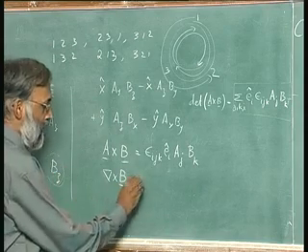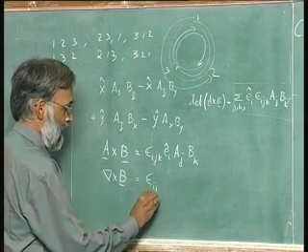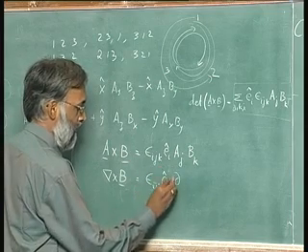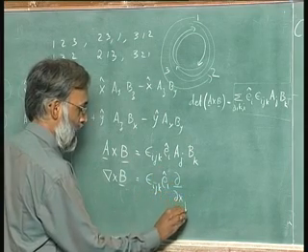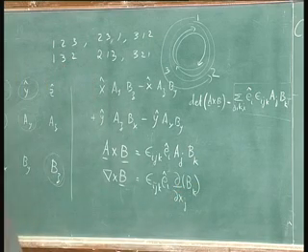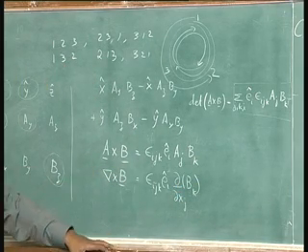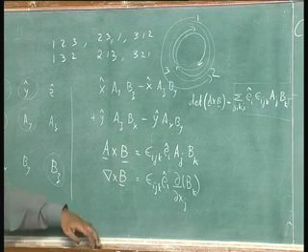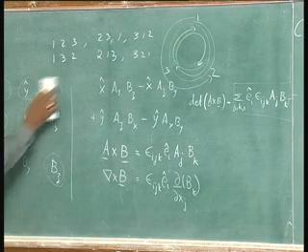Curl of B is the same thing. It is epsilon ijk unit vector along i, derivative along j of the kth component of B, because it is after all just the matrix.